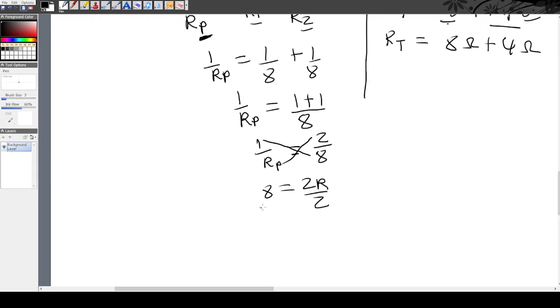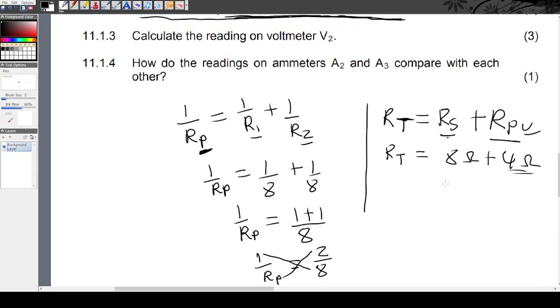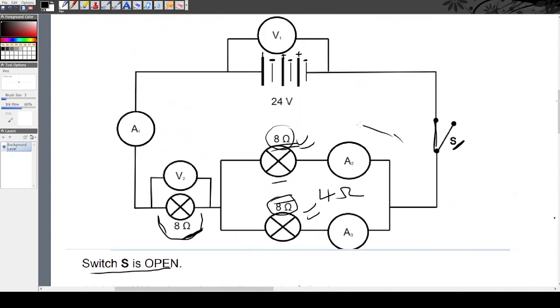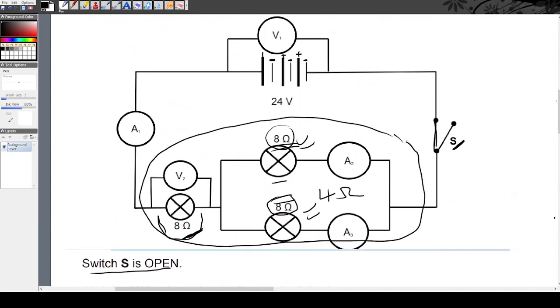Remember, we divided by 2 here, and then we got Rp of 4 ohms. So 4 plus 8 gives us 12. That's 12 ohms. In other words, the total resistance of the circuit is 12 ohms.